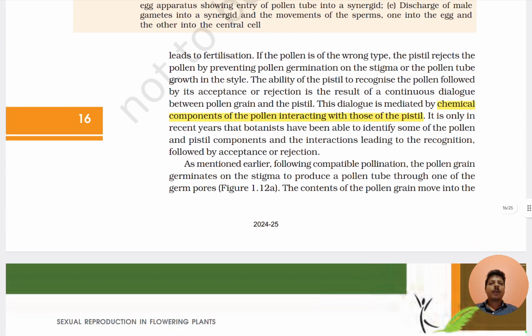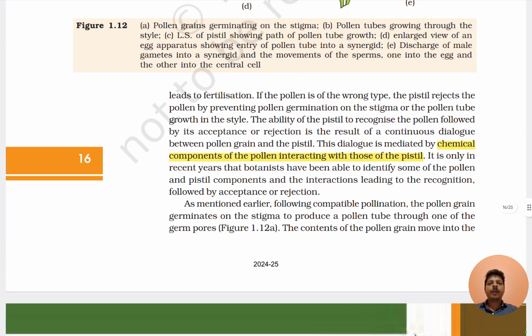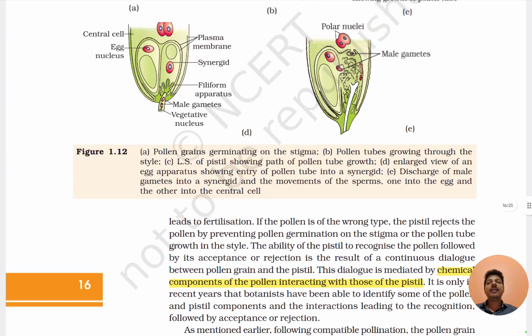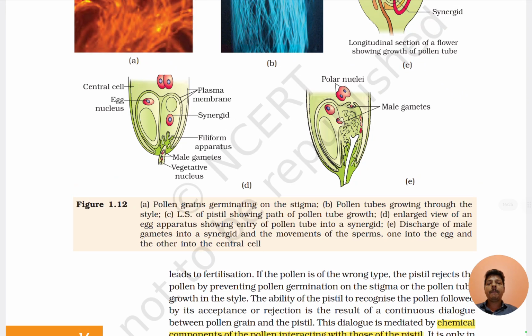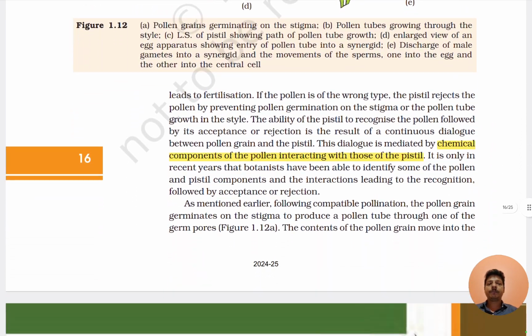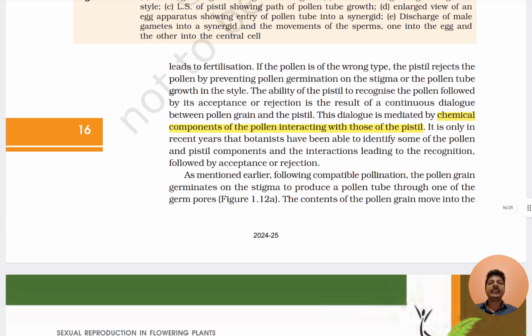Here, if the pollen is the wrong type, the pistil rejects the pollen grain, and if it is the right type, then it accepts the pollen grain to make the pollen tube, and then post-fertilization events occur. Chemical components of pollen interact with those of the pistil. As I told you, chemical components are there so that it can easily identify.